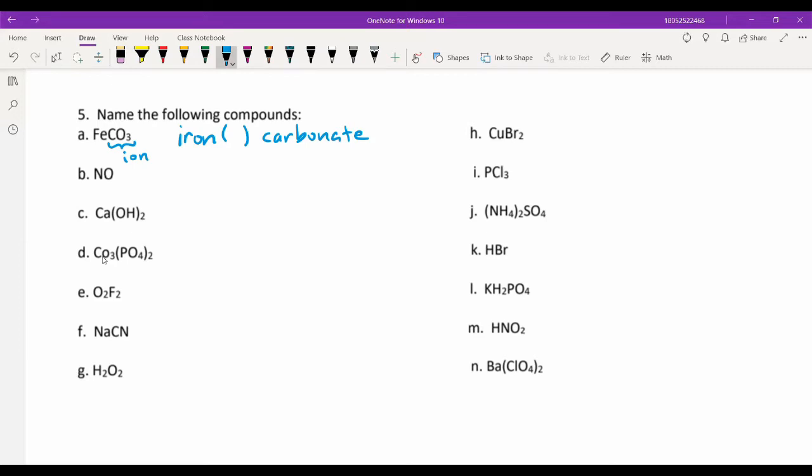Transition metals like iron generally have to include the charge. How do you figure out the charge? You use the charge of the other ion, in this case carbonate, which we'd look up, or eventually memorize, is -2. So if there's only one iron, it has to be +2. That's what the Roman numeral 2 means. So we have iron(II) carbonate.